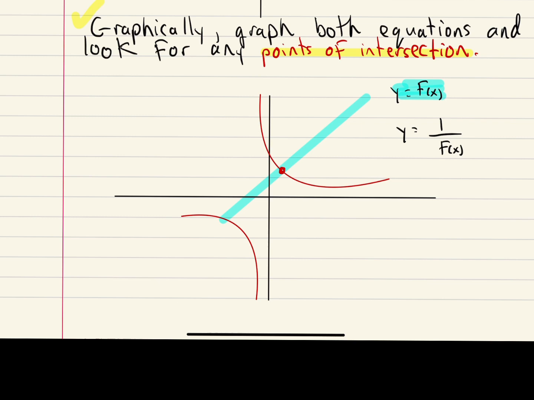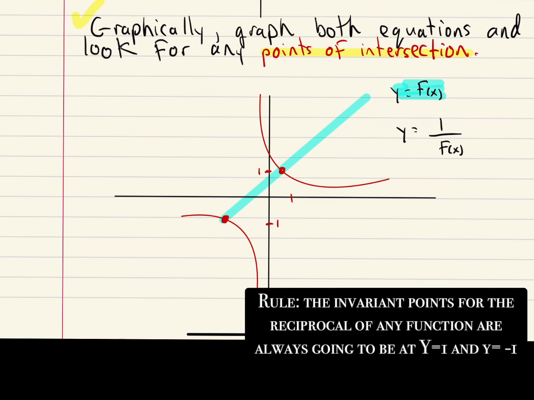Remember, it's the points of intersection. Now, if I had assigned these values, so let's say that this is about 1, we can see that they're always going to occur at set values. So here's the rule. When I take the reciprocal of any function, there's going to be 2 sets of invariant points.